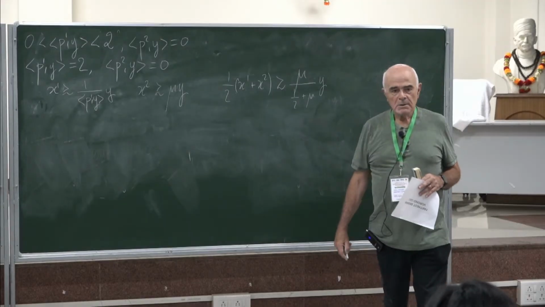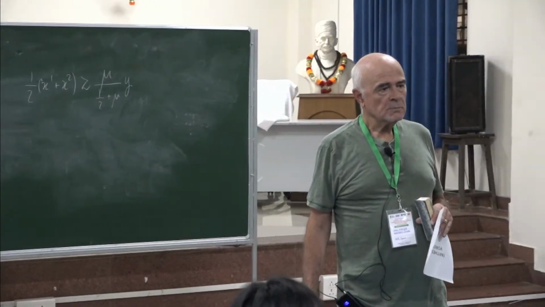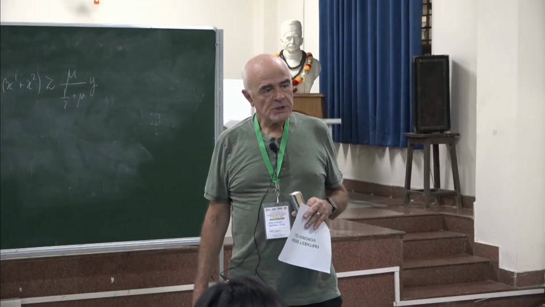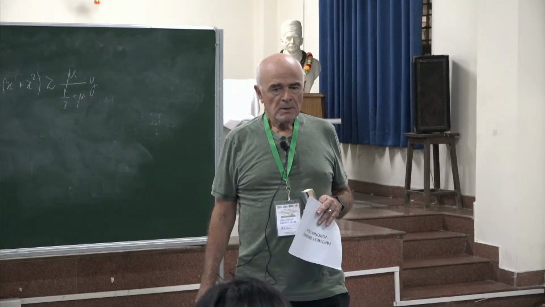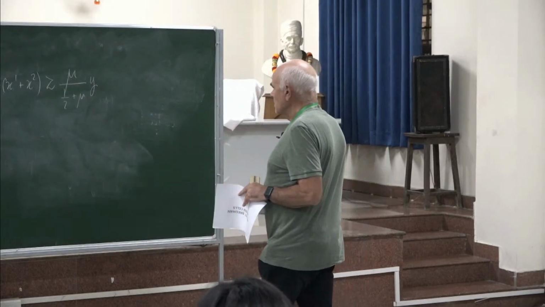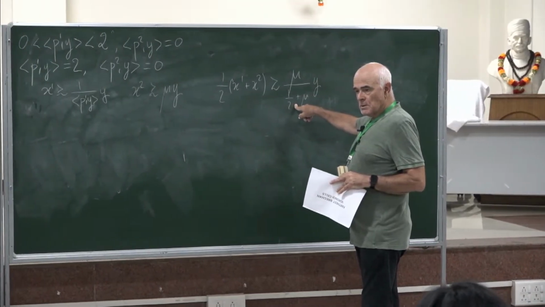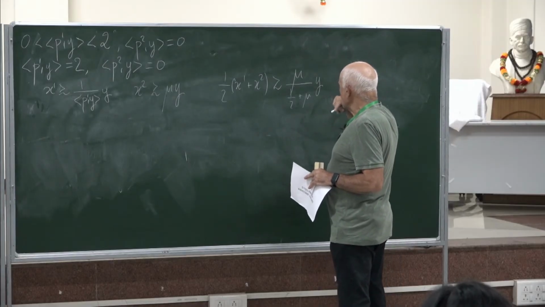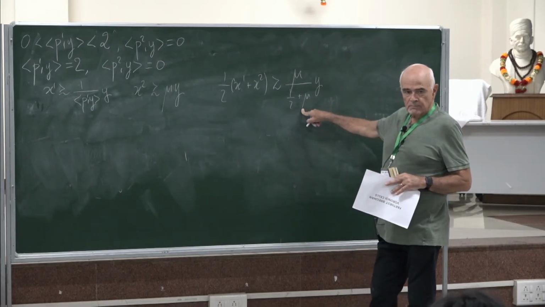Well, we indeed need to assume continuity of the preorder. I see no other solution. Because this was true for every mu. So if we let mu go to plus infinity, this tends to 1.